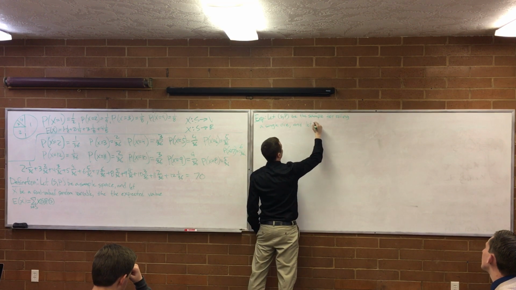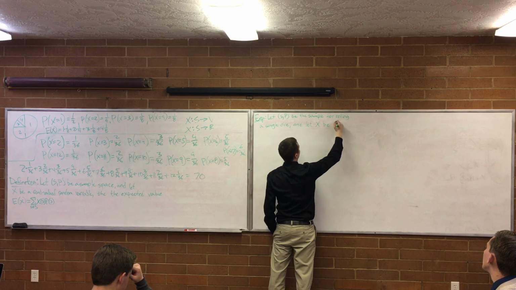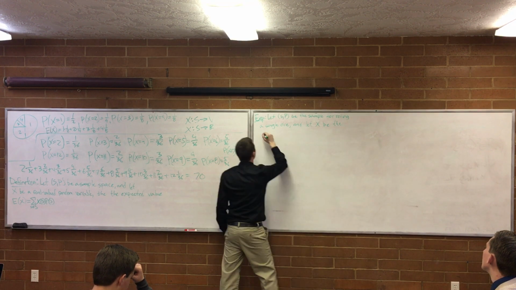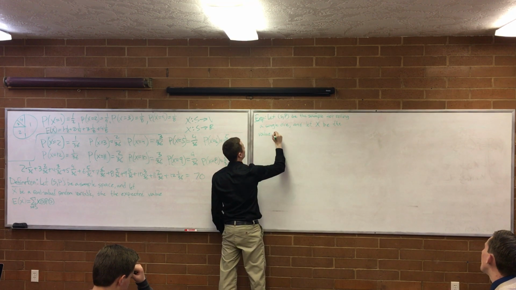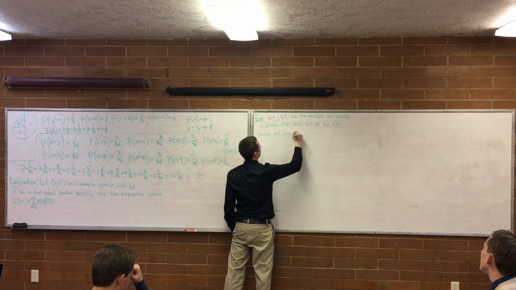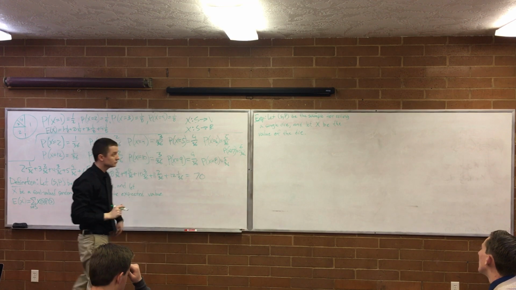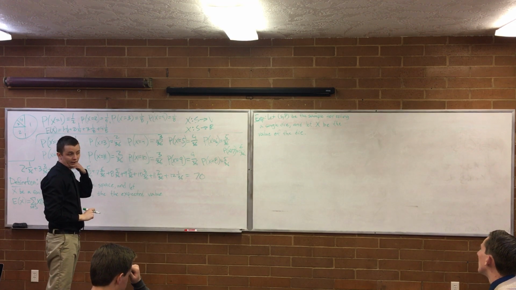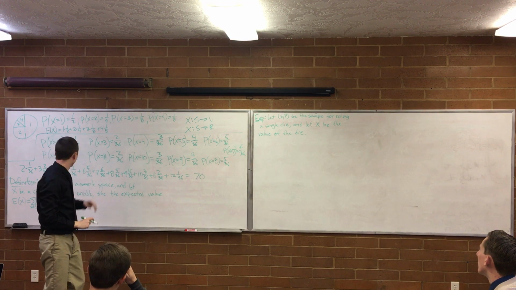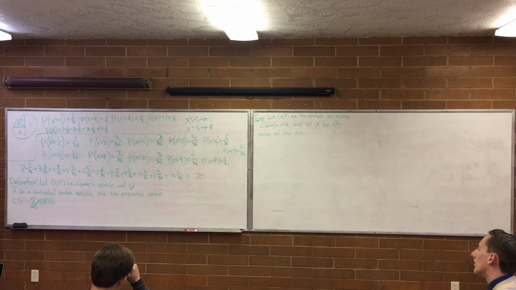And let X be the value of the die. Is there even any point using X in this case? Yes. When you're calculating the expected value, you're calculating the expected value of a real random variable.